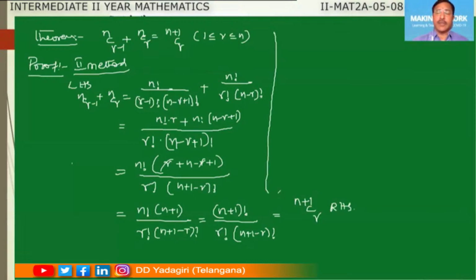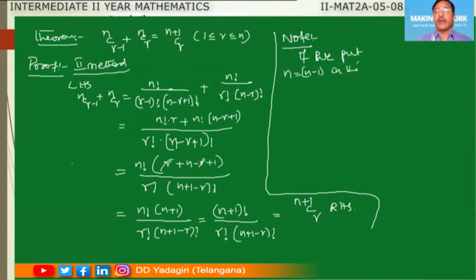Now, from this concept, the same formula is applied in the problems in this way. If we substitute n is equal to n minus 1 in the above formula, it will appear like this: n minus 1 C r minus 1 plus n minus 1 C r is equal to nCr.